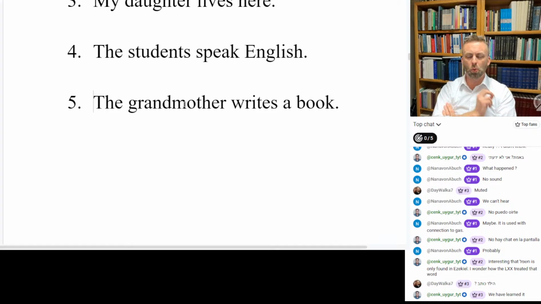And so a word like Malka, for instance, in Aramaic, Malka can mean the king, but also just king, and it can also mean a king.